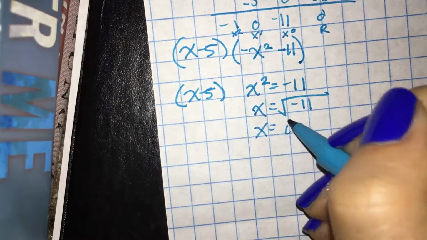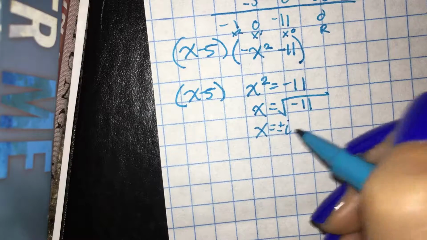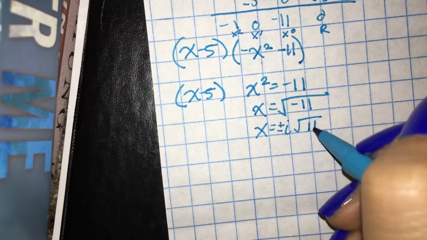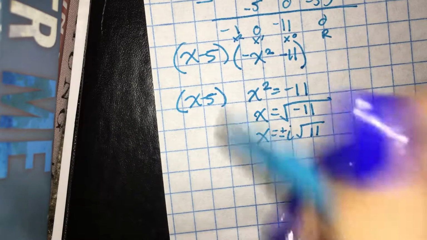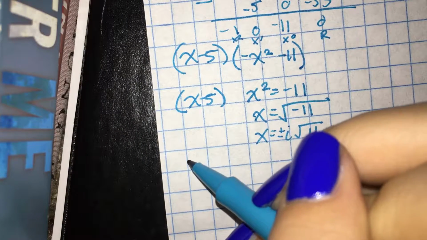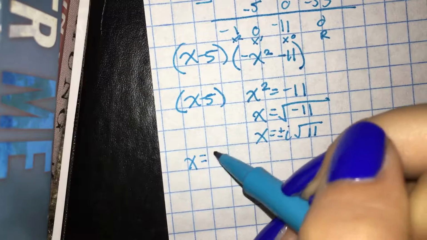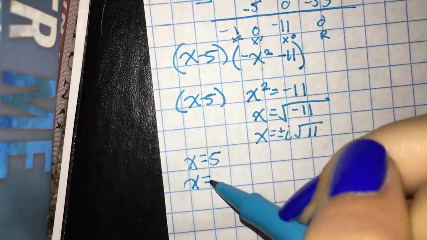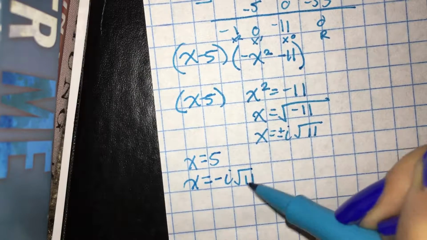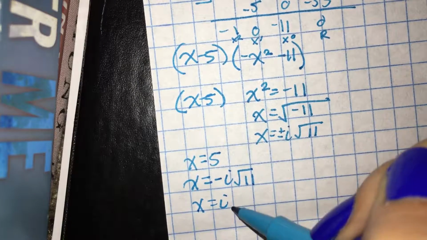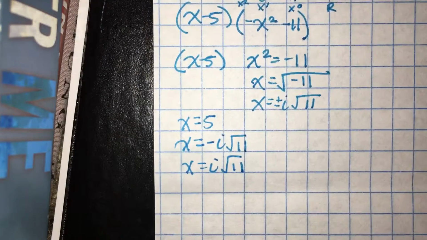So x is equal to plus or minus i times the square root of 11. So spread it out more, you get x is equal to 5, x is equal to negative i square root of 11, and x is equal to i square root of 11. That's your answer.